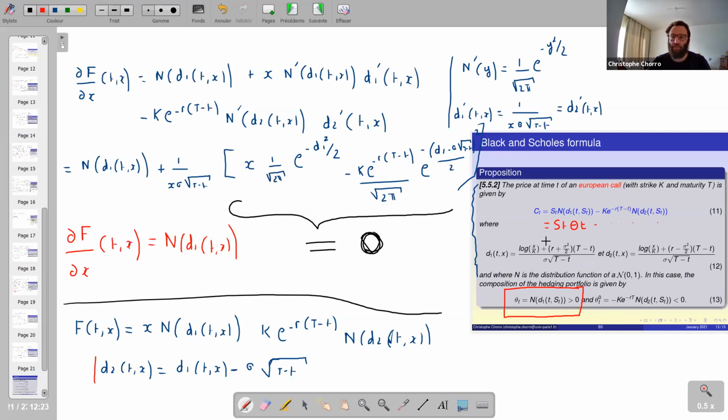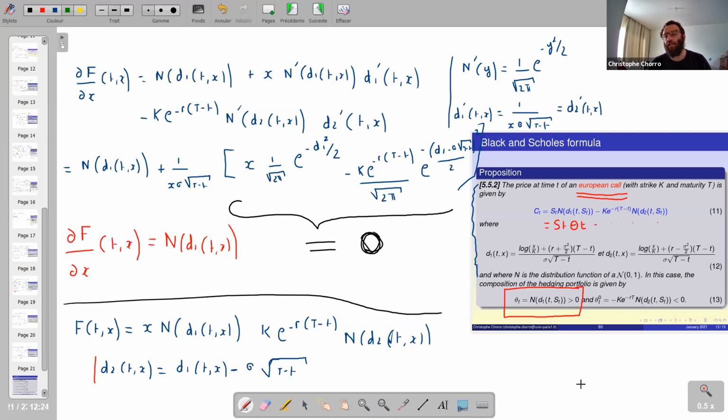So I have here not only the price of a call option, but also the quantity of risky asset I have to put in the hedging portfolio, and as a byproduct, the quantity of non-risky asset I have to put in the hedging portfolio. And keep in mind that this is true for a European call option.